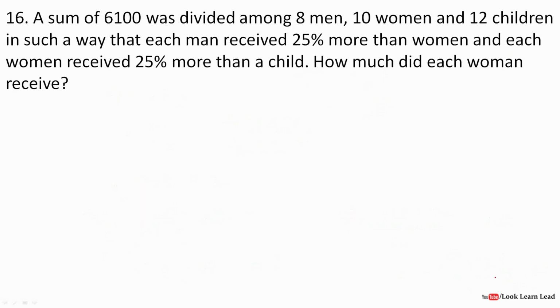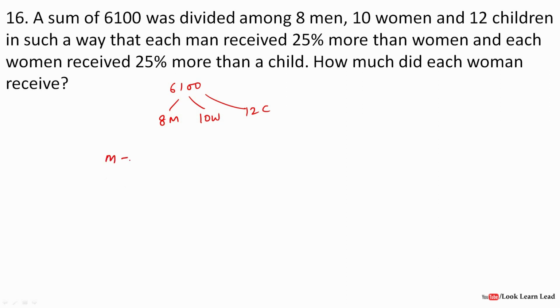Okay, next question. A sum of 6100 was divided among 8 men. Whenever these types of questions are there, there is another method to solve this. So you have to just write everything. The sum of 6100 is divided among 8 men, 10 women and 12 children, in such a way that men receive 25% more than women.